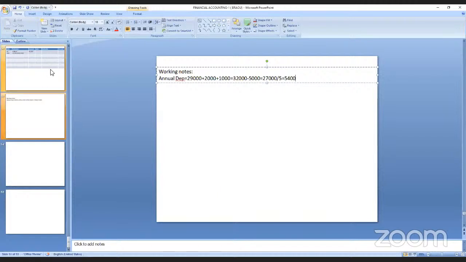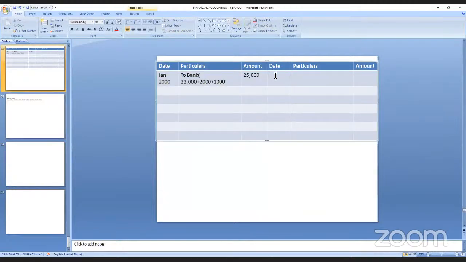Yes. In the month of December, the depreciation. But here they have not given the percentage.